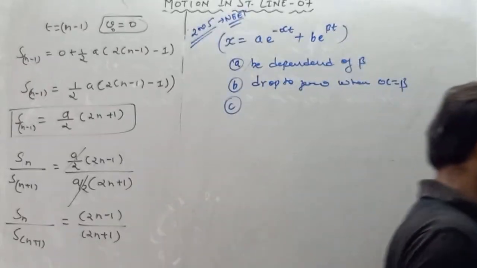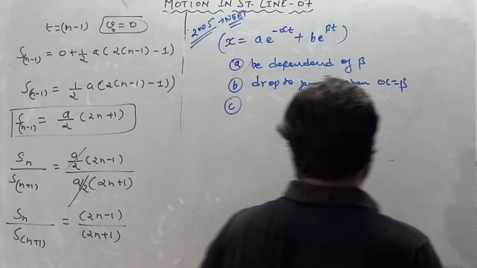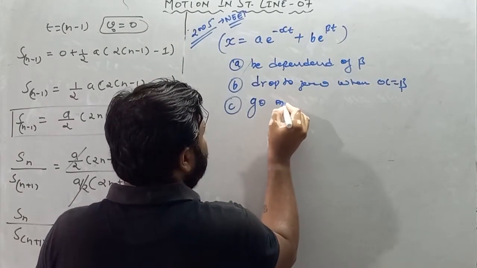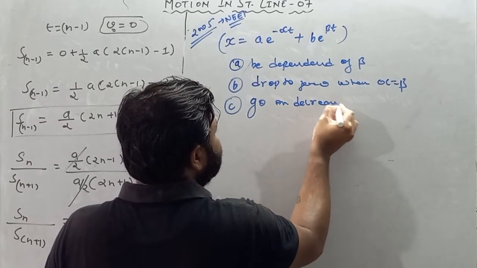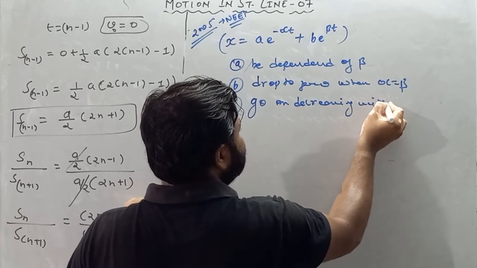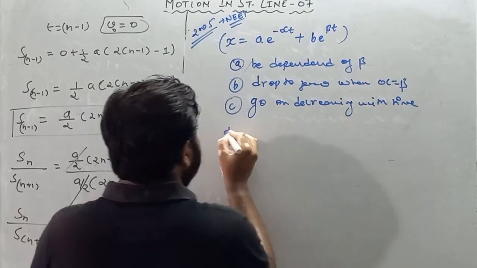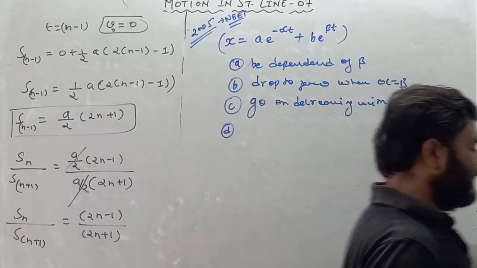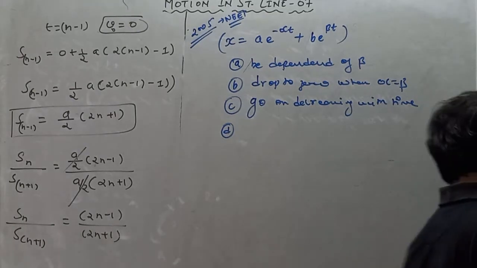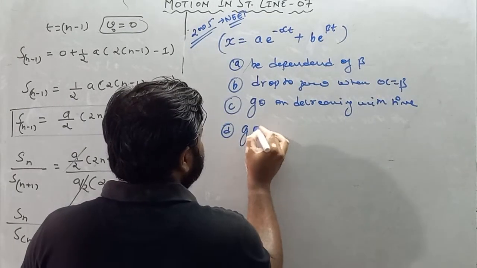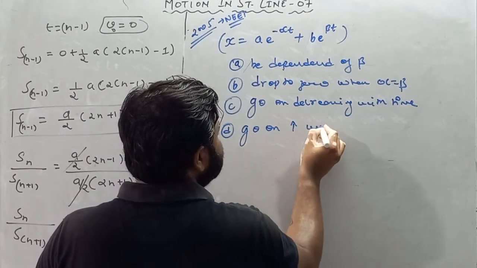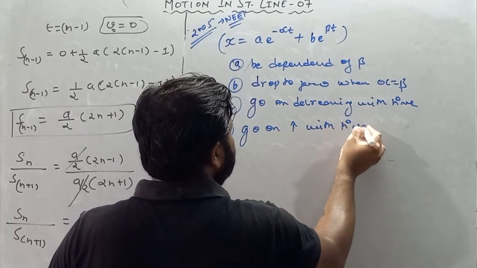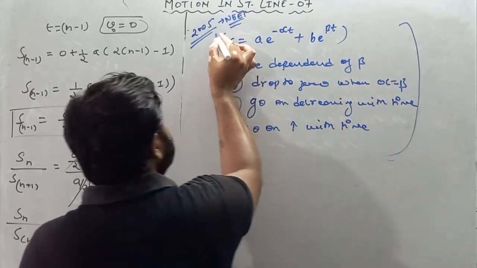Option C: go on decreasing with time. And option D: go on increasing with time. I am repeating the question once again, my dear student.